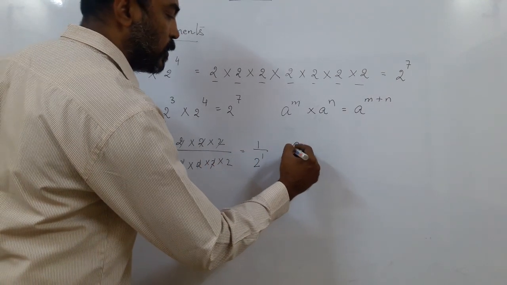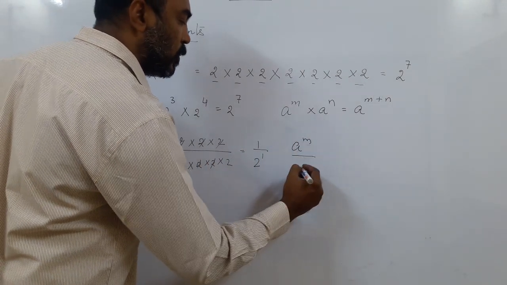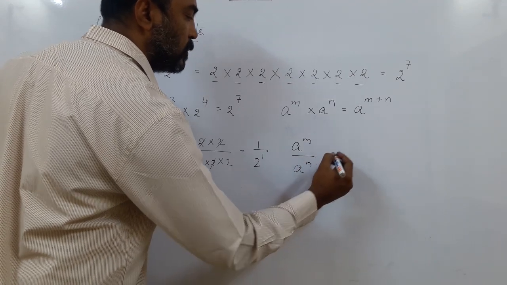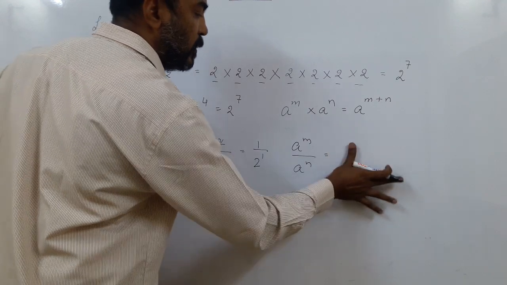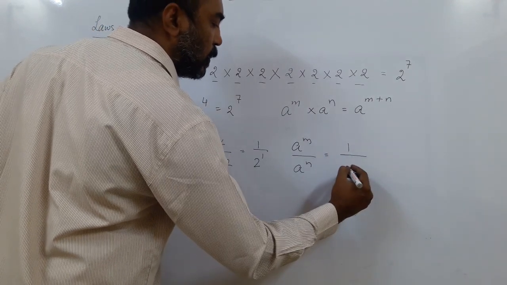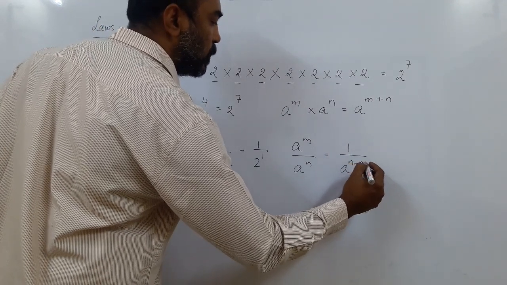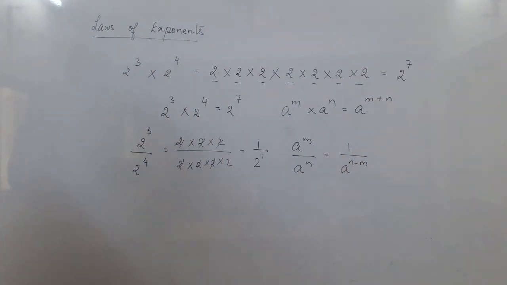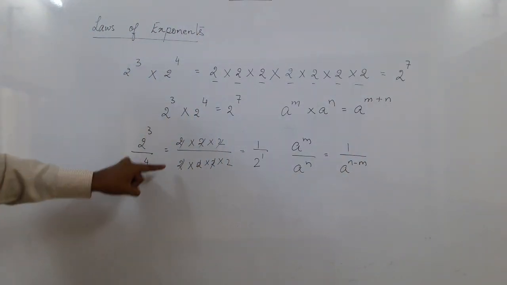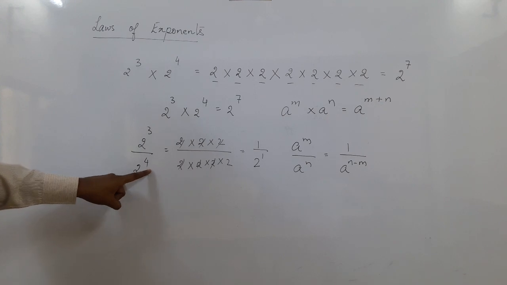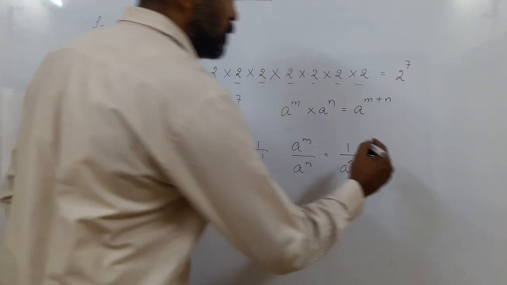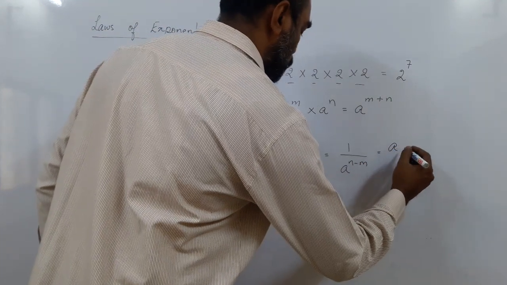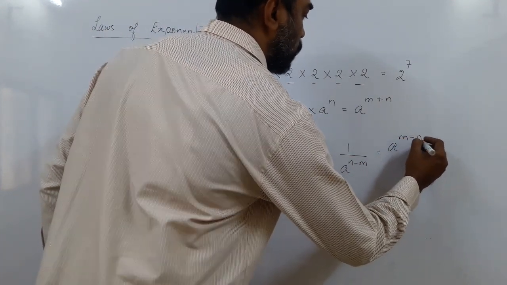So a raised to m upon a raised to n is equal to a raised to m minus n. But here actually I did 1 upon a raised to n minus m. So why did I shift this down? Because the denominator is bigger, so I brought 3 down. Okay? Can I take 4 up? Yes, I can do that also. I can write a raised to m minus n also.